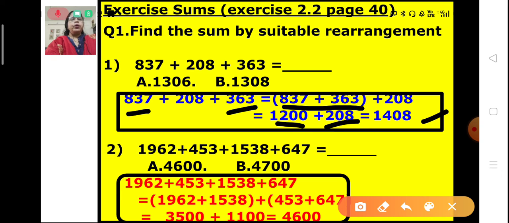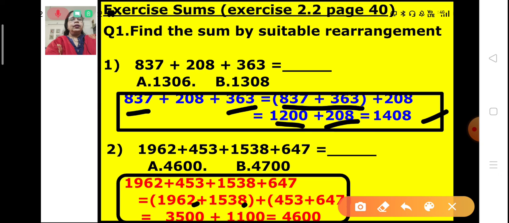Similarly, in the next problem we can arrange the given numbers: 1962 plus 453 plus 1538 plus 647. Which two numbers are grouped together? 1962 and 1538, since they have 2 and 8 in the ones place, which can be added to get 0 in the ones place.